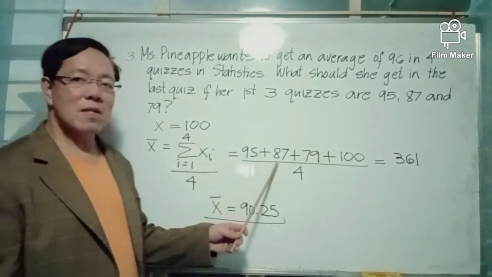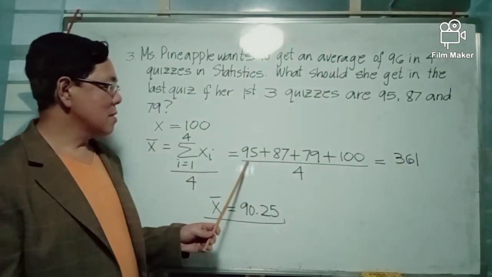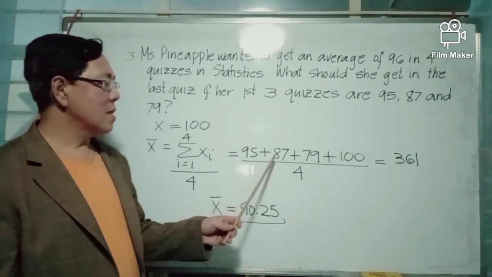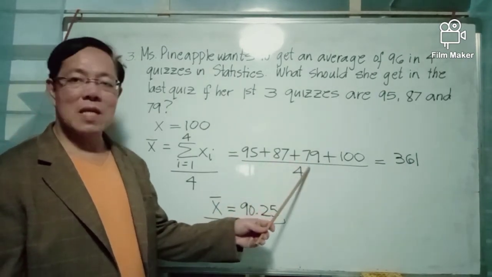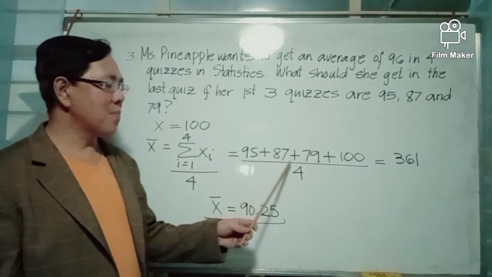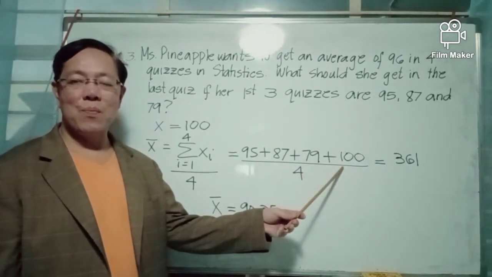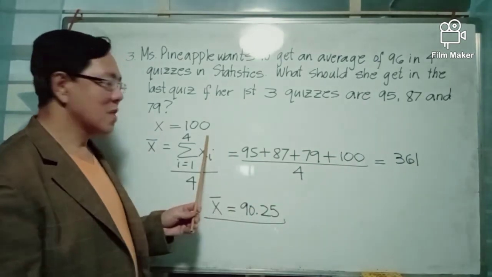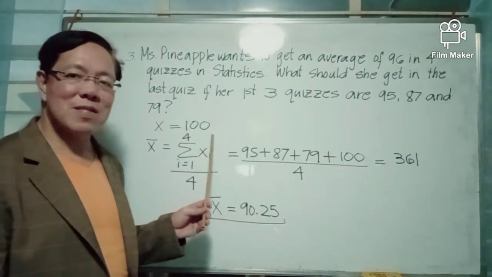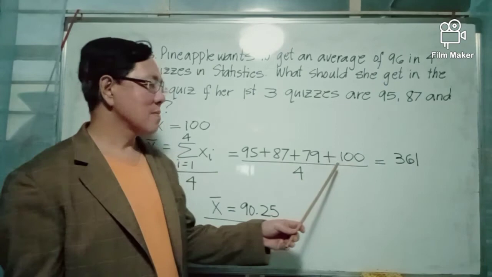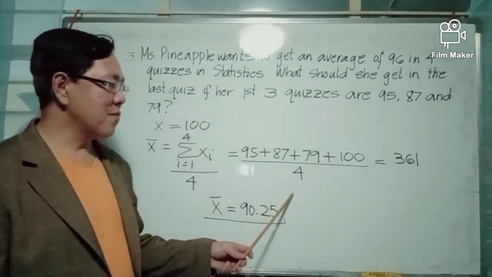The first 3 quizzes are given: 95, 87, and 79, and to the sum of these 3 quizzes we add the 4th quiz, which we assume as a perfect score of 100. And the sum we divide by 4.